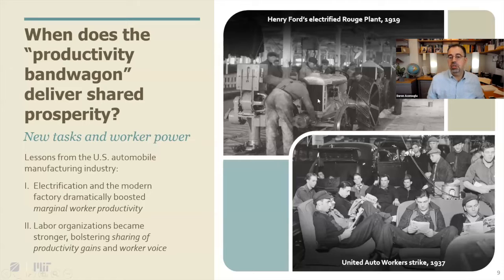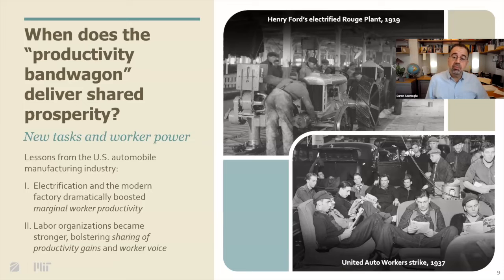So this is a picture from the Rouge plant of Ford Motor Company, which was a pioneer in introducing new machinery, the assembly line system, decentralized electricity, and much better organization of the factory. So these may sound somewhat related to automation, and they are, but that wasn't the only thing that Ford did.